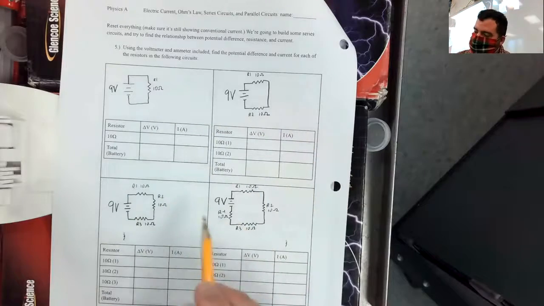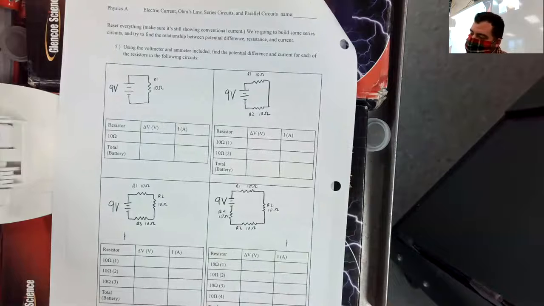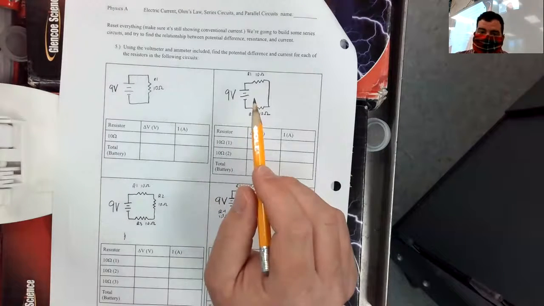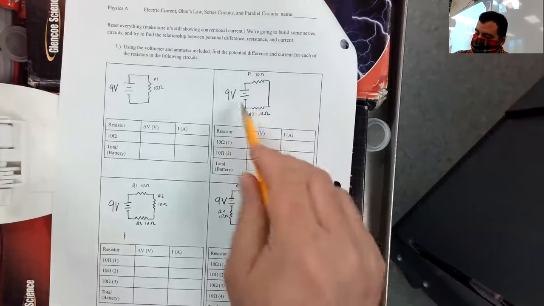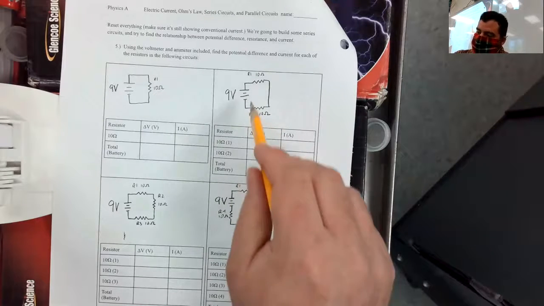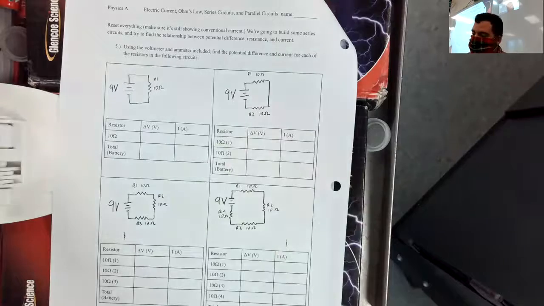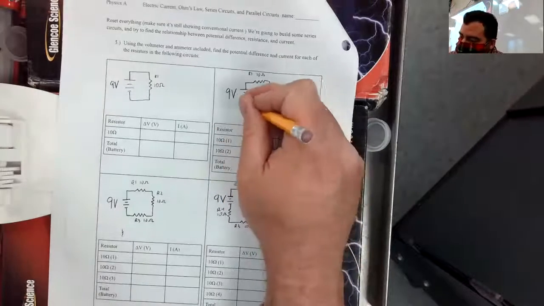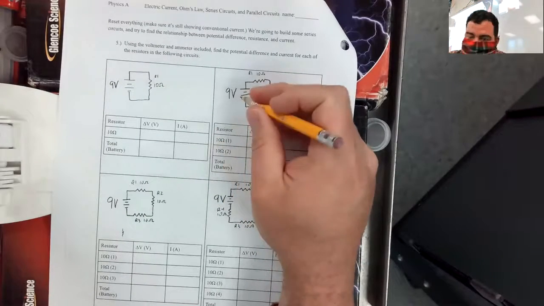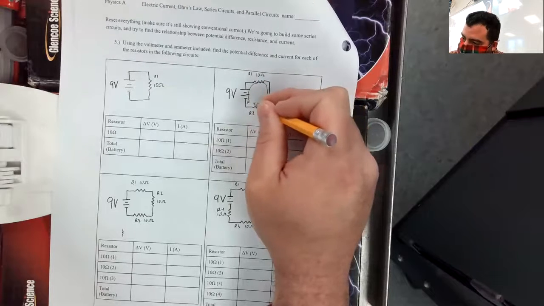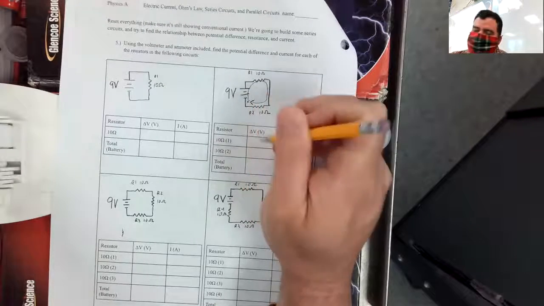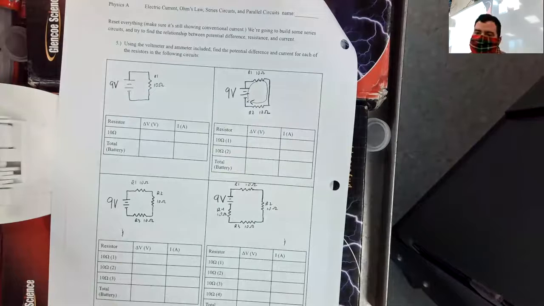You're going to build me these 4 series circuits, and you're going to get the current through each object, either the battery or the resistor, and you're going to get the potential difference across it. These are series circuits. The current basically has to pass through everything. And you can think of electric current as being like a lunch line.